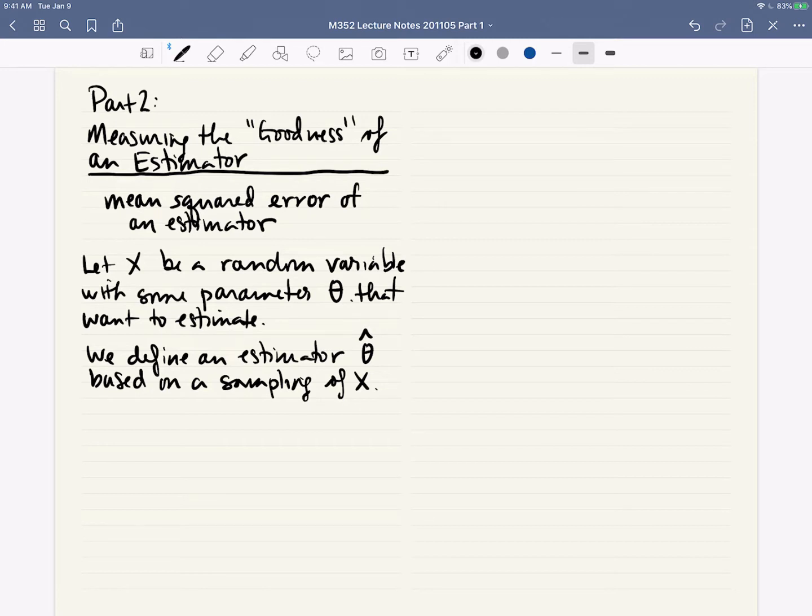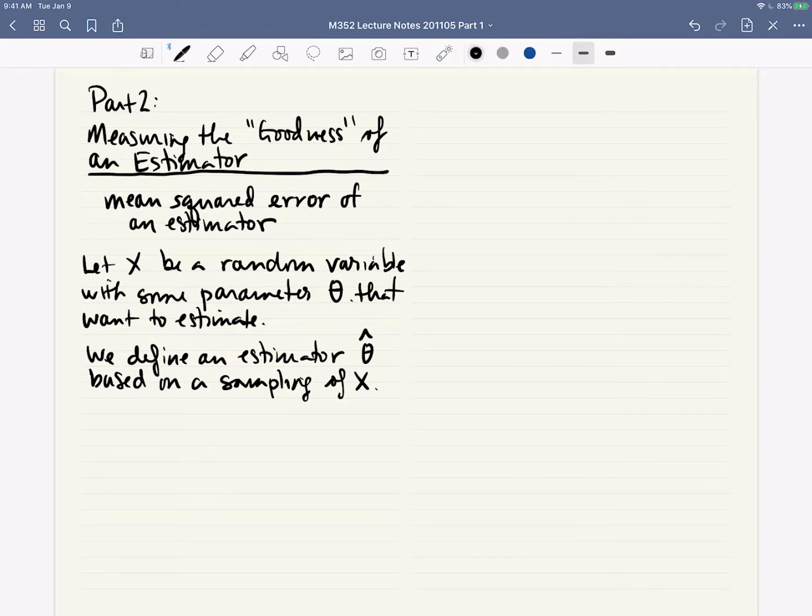So a comment on this notation. The book generally uses a hat to denote an estimator, and it puts a hat on the symbol for the parameter that's being estimated. There's some variations in that we'll see.